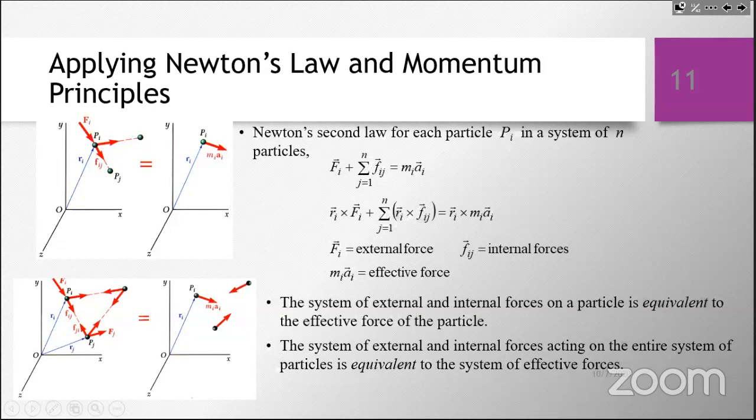The system of external and internal forces on a particle is equivalent to the effective force of the particle. What this is saying is that we can consolidate all of the internal and external forces into a single force that we call the effective force. And the system of external and internal forces acting on the entire system of particles is equivalent to the system of effective forces.